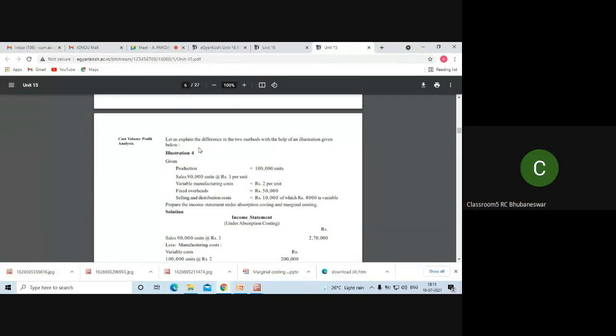That means in case of marginal costing, it tells you that the variable cost is the only relevant cost and it will be taken into account for calculation purpose. But we will not take into account the fixed part. Fixed part means here we are not going to take the fixed overheads 50,000 and the selling and distribution cost fixed portion, that is 6,000. So 56,000 we are not going to include while finding out or explaining the concept of marginal costing.